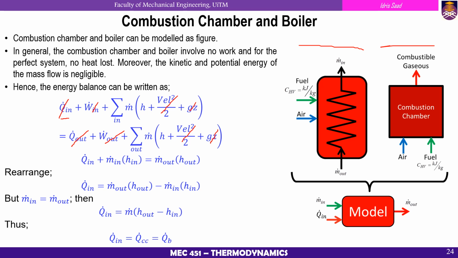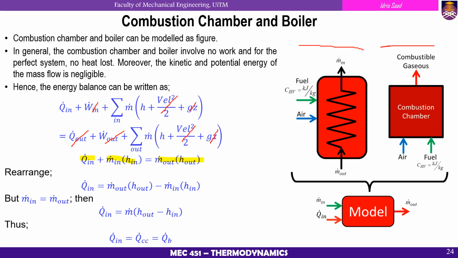Sorry, we do have Q in for the combustion chamber, otherwise there is no heat input to the system. So finally we have Q dot in plus m dot h in equals m dot h out. From this one, we can rearrange.